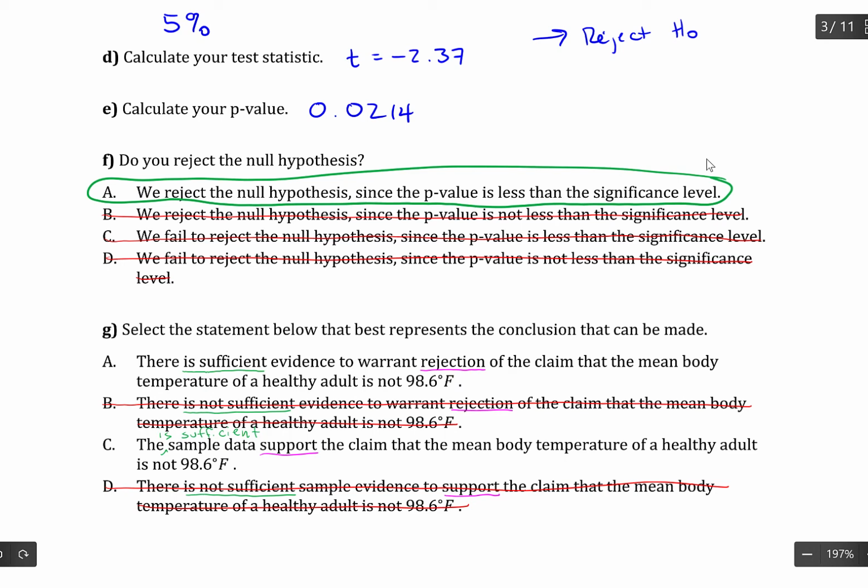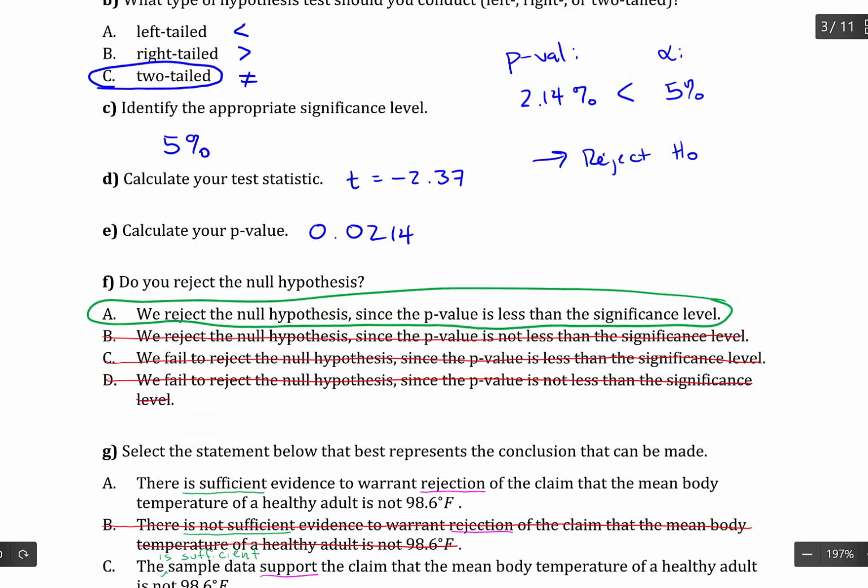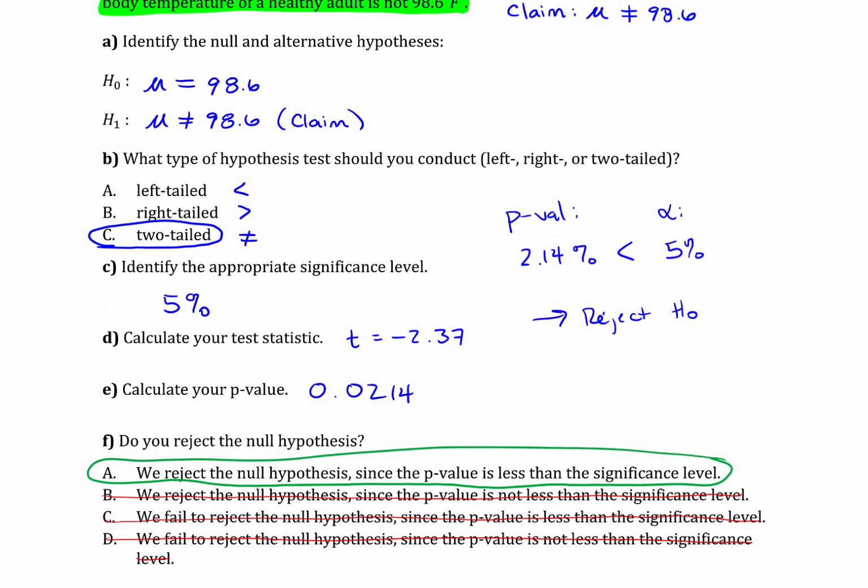And what happens here is if we go back to the original claim, we have effectively stated from the decision that we reject the null hypothesis. So the null hypothesis, the top statement, if we reject it, we're essentially stating that it's false, which leaves the other statement to be true.